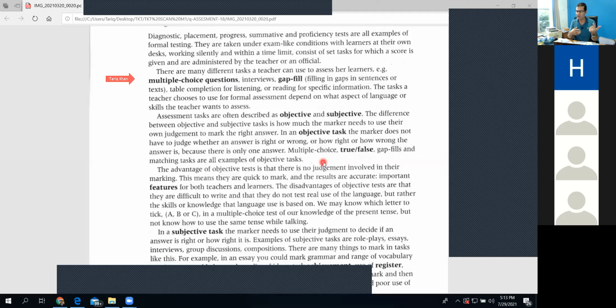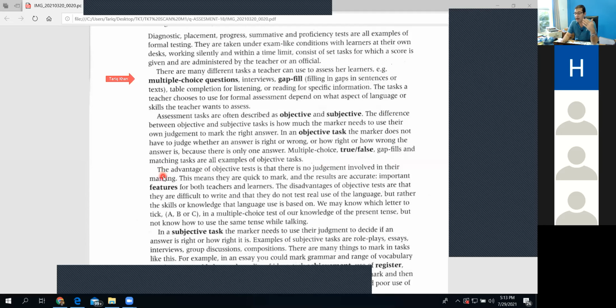Why? Because there is only one answer. It might be a gap filling answer, a multiple choice one, true, false. So either it will be false or it will be right. So that is called an objective task.